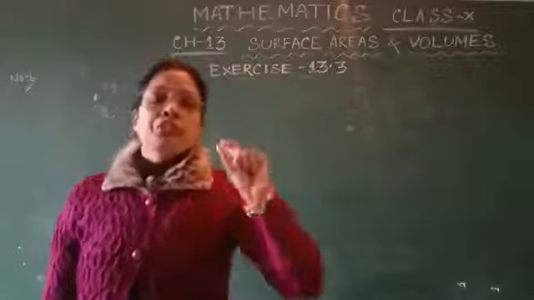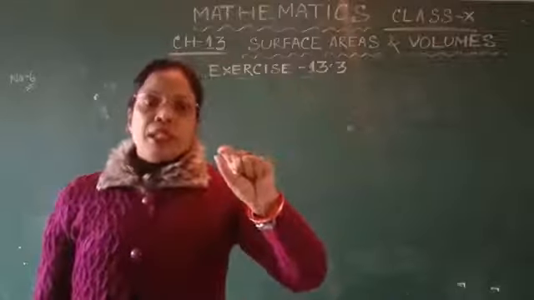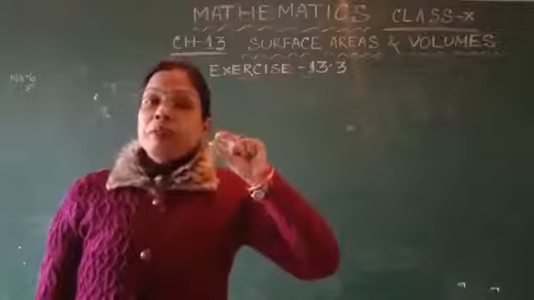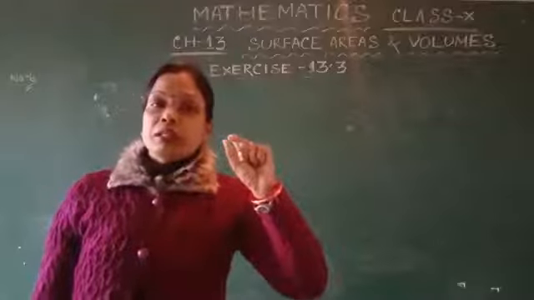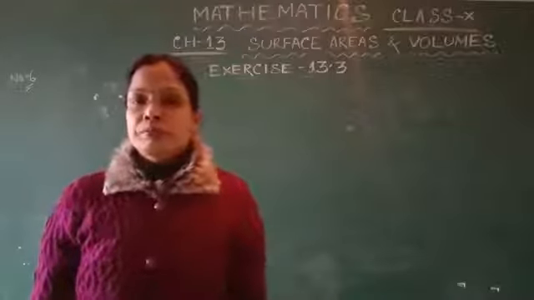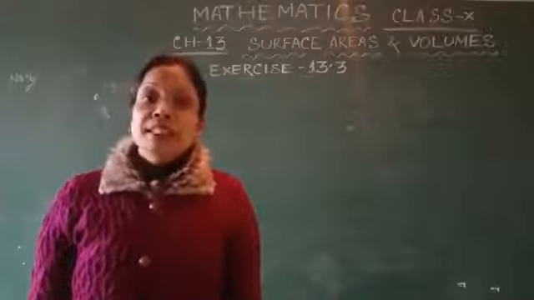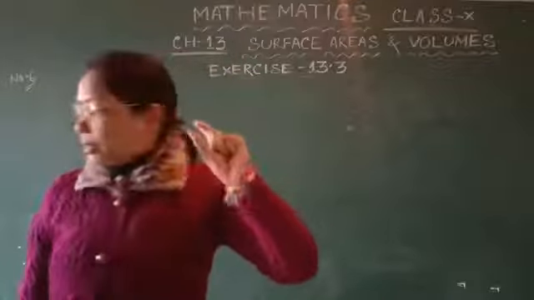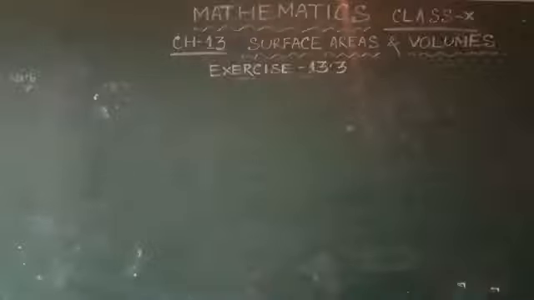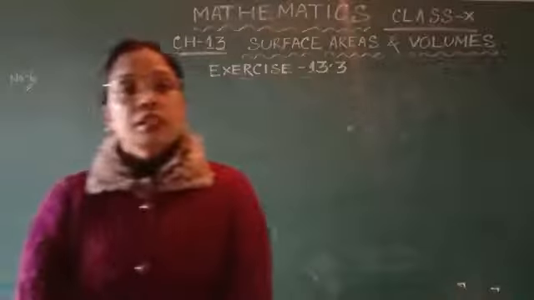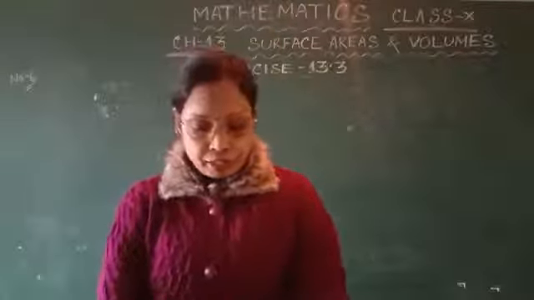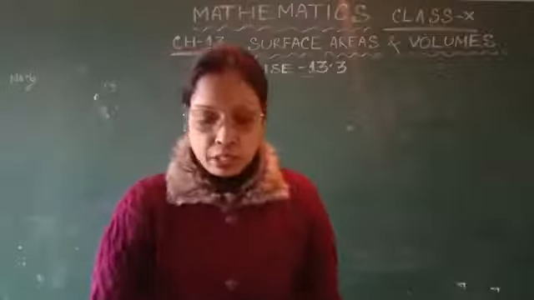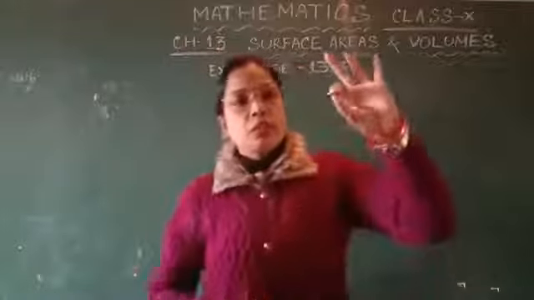I think all of you know what type of shape a coin is. That is the cylindrical shape, because the thickness of the coin is the height of the cylinder. So see here, this is the coin.